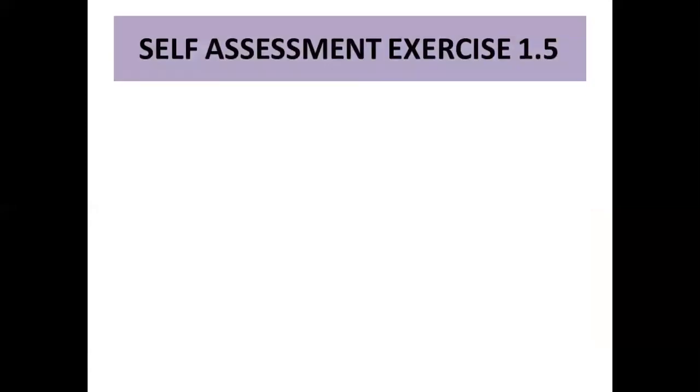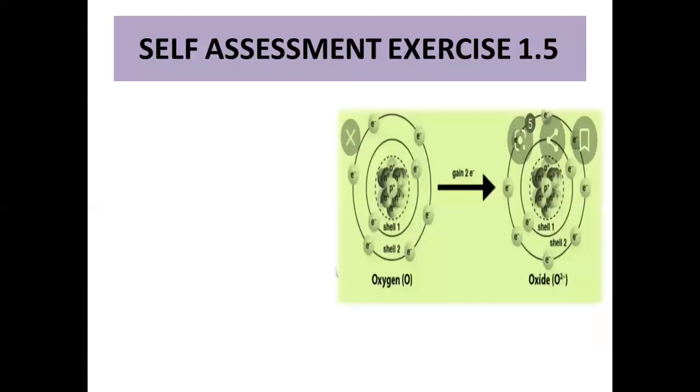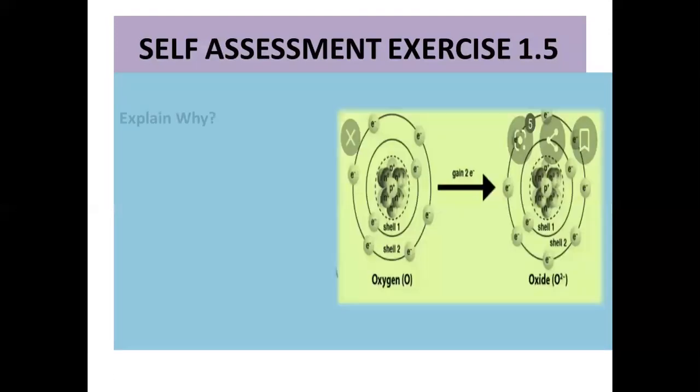Self-assessment exercise 1.5, that is about the question. Explain why an oxide ion has -2 charge. Oxide ion means an oxygen atom has -2 charge. Why does an oxygen atom have -2 charge? When it is converted into the ion form, it is called oxide.